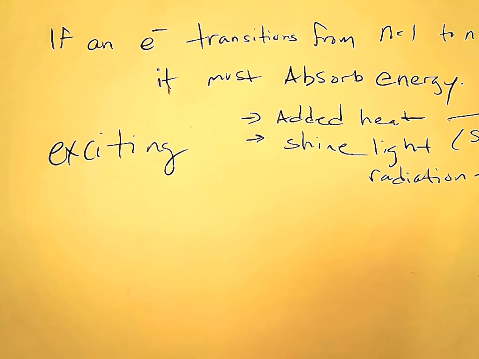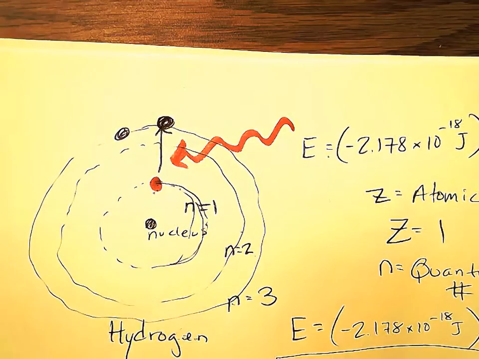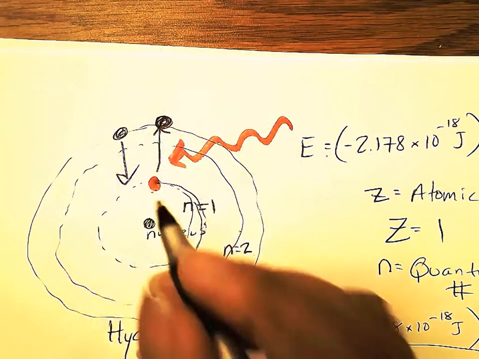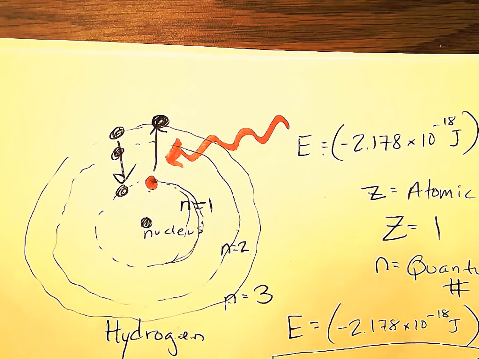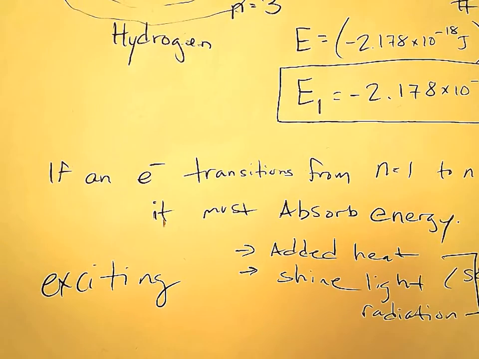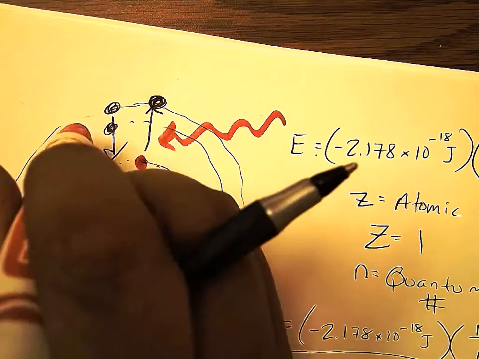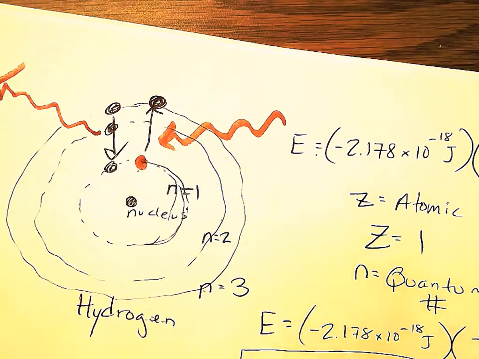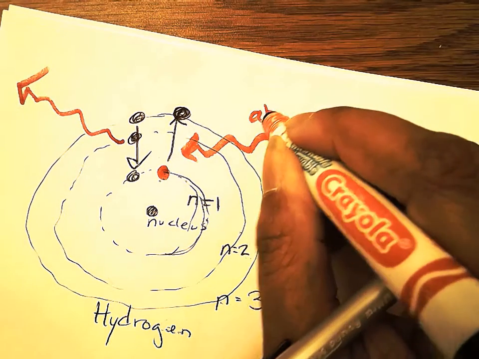Now, what happens when the electron goes from that higher energy level back down to some level, either the one right below it or the ground state? Then the electron itself will have to give off that energy in order to go back. This is absorbing.